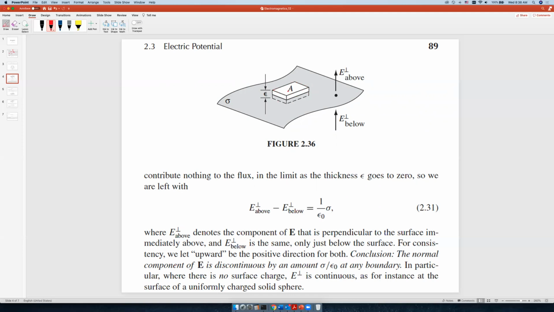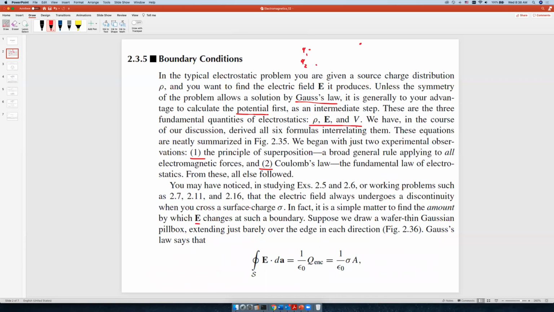We draw it big because we want you to see it clearly, but you can imagine drawing a very small pillbox. What will happen? First, we can apply Gauss law to this pillbox.